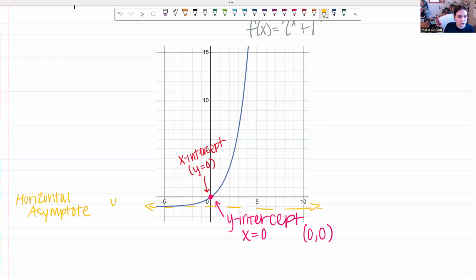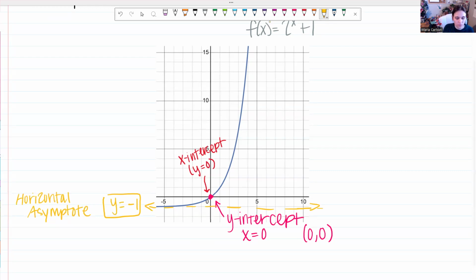So this asymptote is the equation y equals -1, because that is the equation of the horizontal line that sits at -1. All right, so that is our horizontal asymptote.